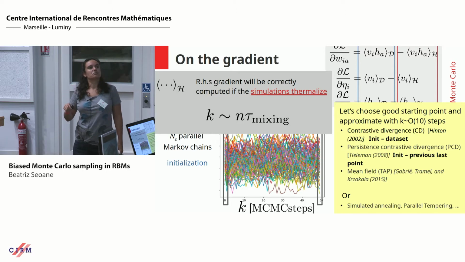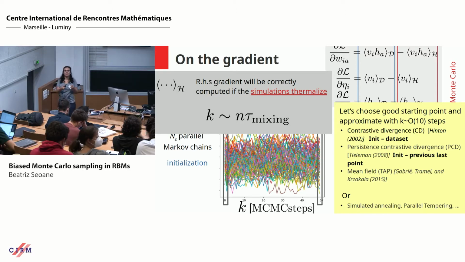The idea was, we want to create samples that are similar to the data set. So we initialize our chain with the data set. We do a few steps, and we would have more or less a good approximation of this.